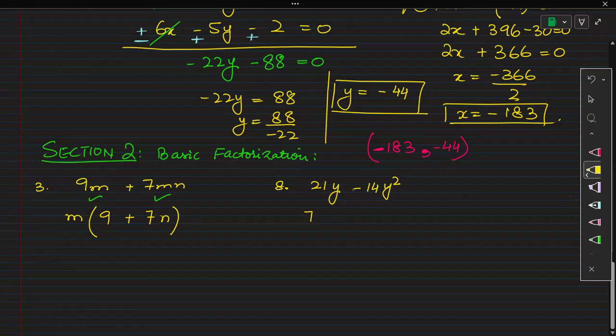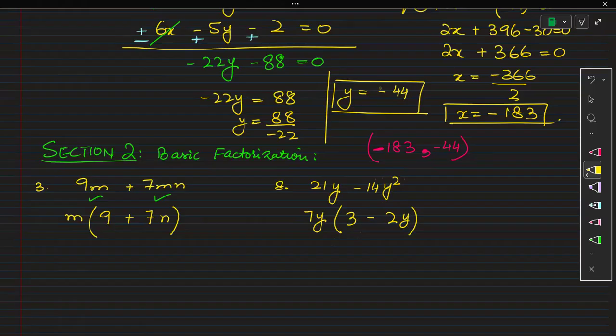And you can see here y is common, so I can put y here. So I will get what times 7 is 21. So 7 times 3 is 21. And y has already been taken common, so there's no need to write y again inside the bracket. Minus sign is there. 7 times 2 is 14, and one y has been taken common, therefore one y is left inside the bracket. So you have got this expression factorized.